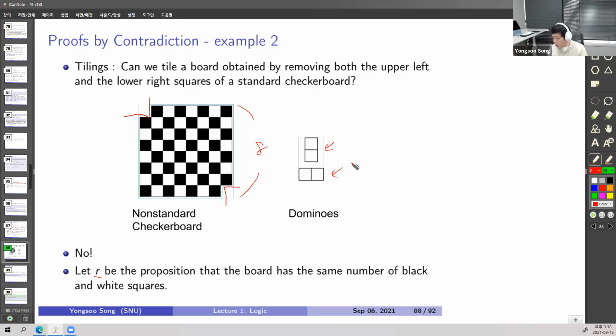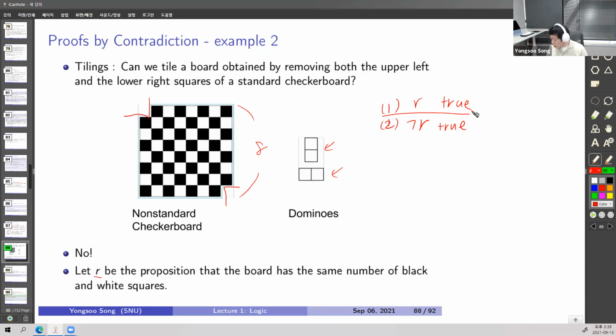So we are trying to prove this by contradiction, and we define R as the proposition that this board has the same number of black and white squares. And first, we can show that this R is true, and also its negation is true.